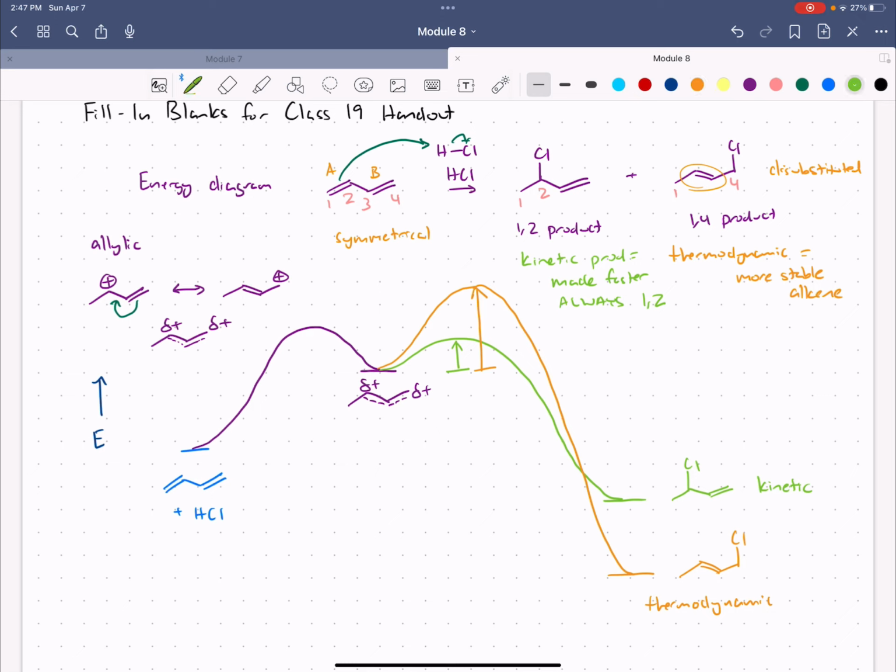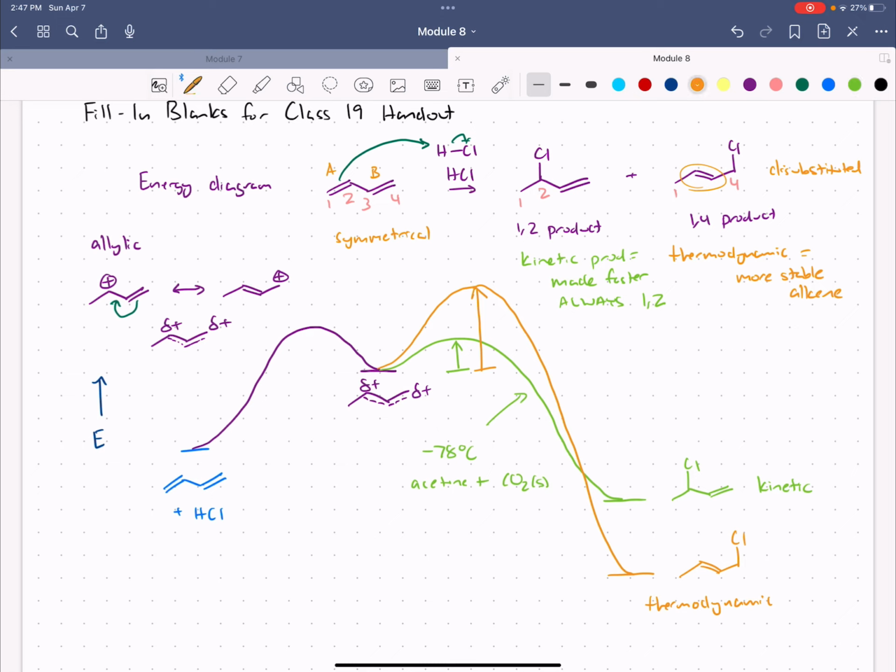If we run it at low temperatures, negative 78 degrees C, that's actually acetone plus dry ice, solid CO2. If you want temperatures below 0 degrees, which is ice water, mix acetone with carbon dioxide, and that will create negative 78.